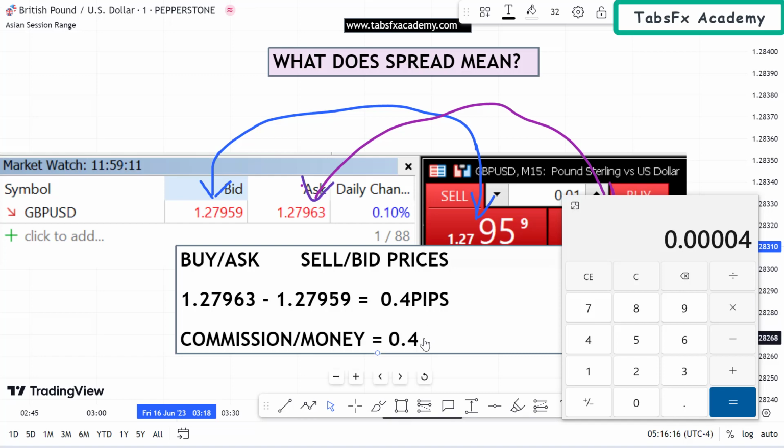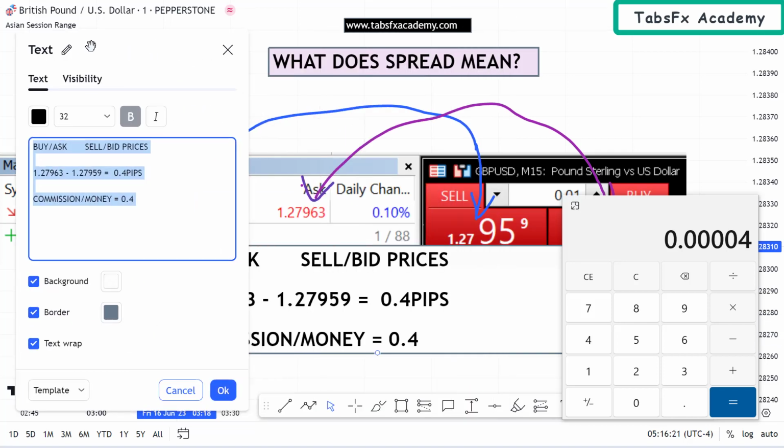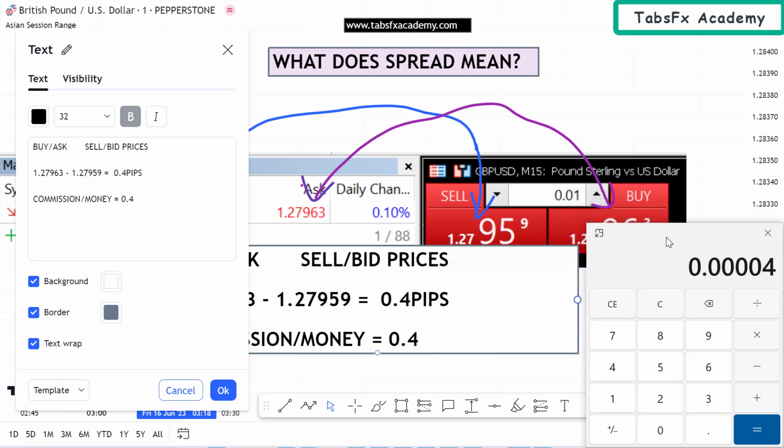So how much does the broker charge you for every trade, for every position that you take? You simply get the number of pips which you have got here, and you multiply by the value per pip. The value per pip on a standard account, for every lot, remember, lot size or the volume, is 10.